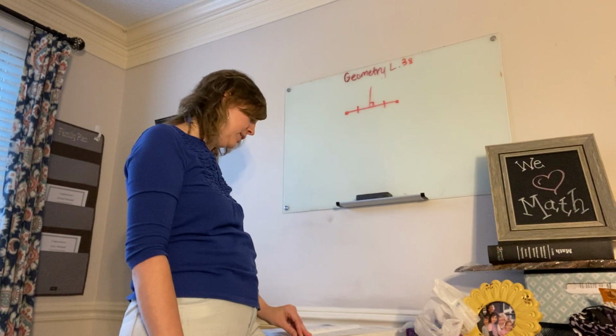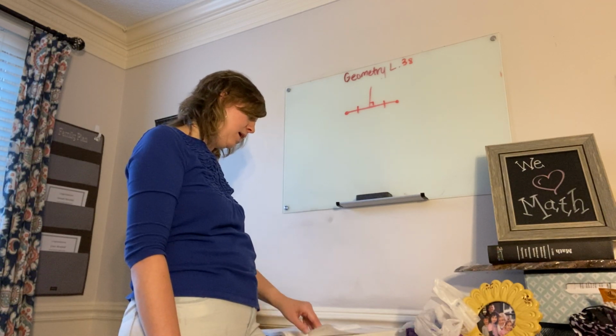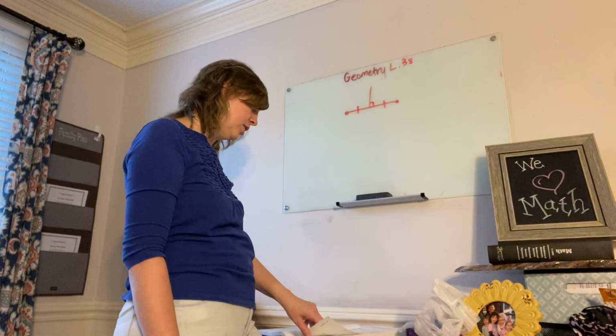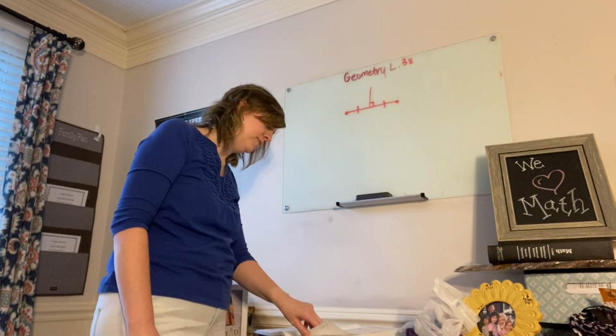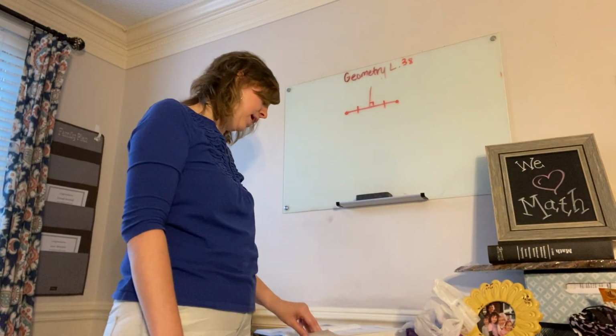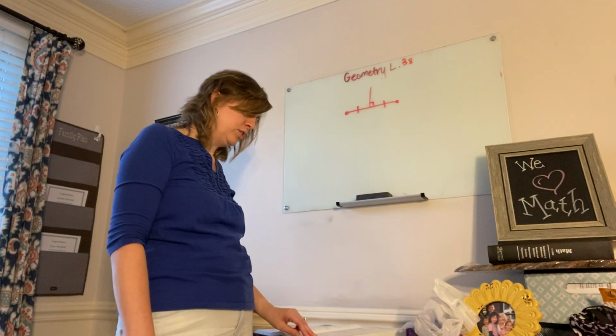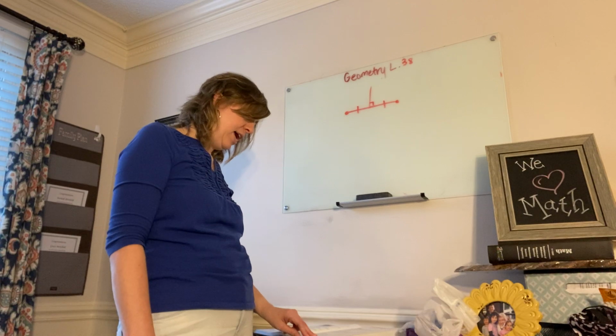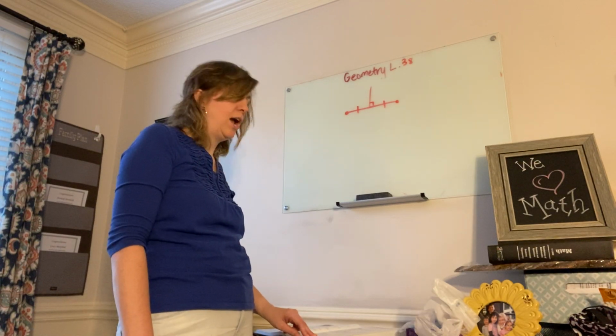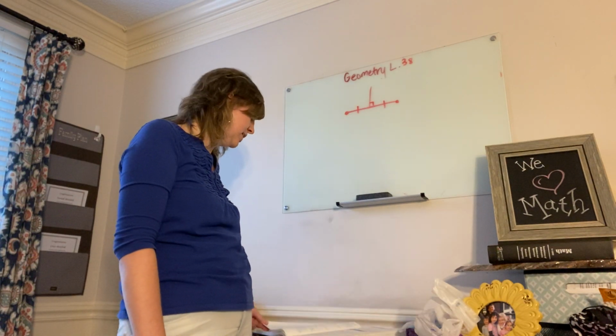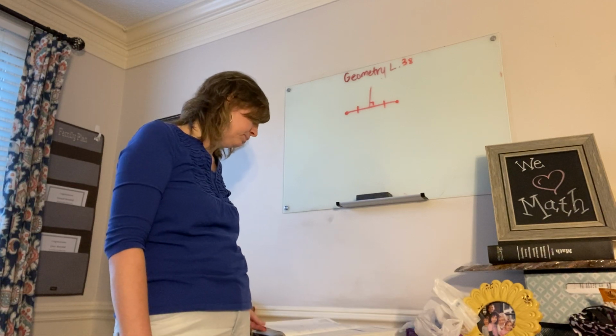Now the perpendicular bisector meets at 90 degrees. So that's the circumcenter of the triangle. They show you that on page 245. It shows you the circumcenter of an inscribed triangle in a circle. So that's actually pretty neat there.